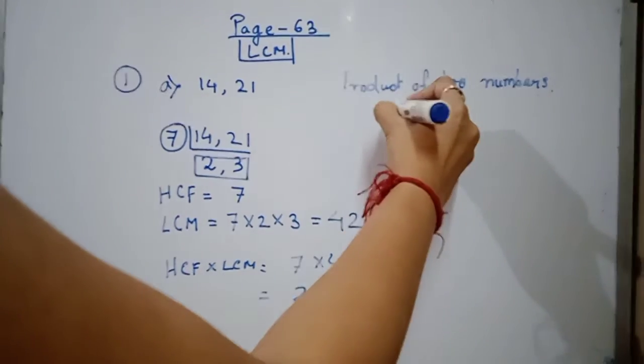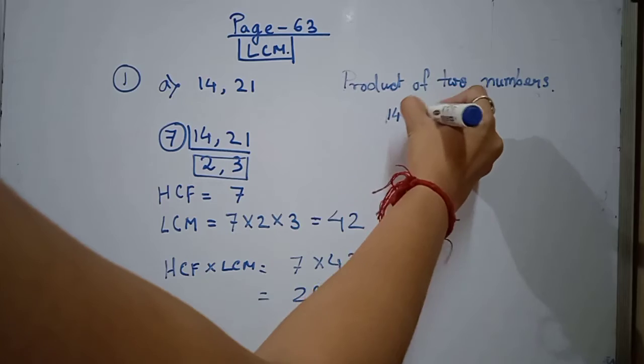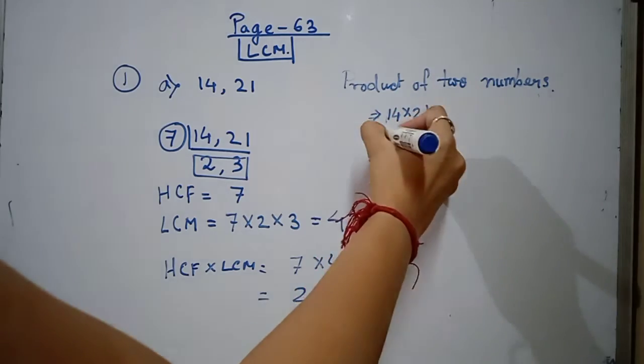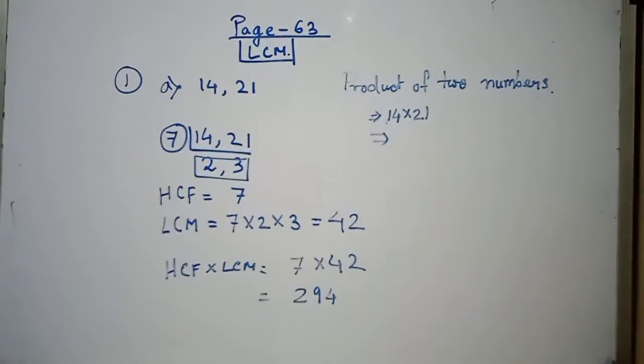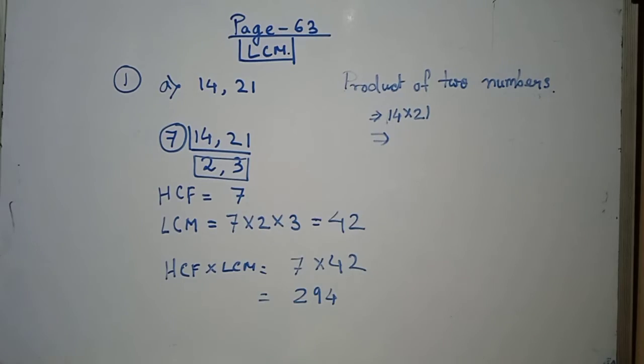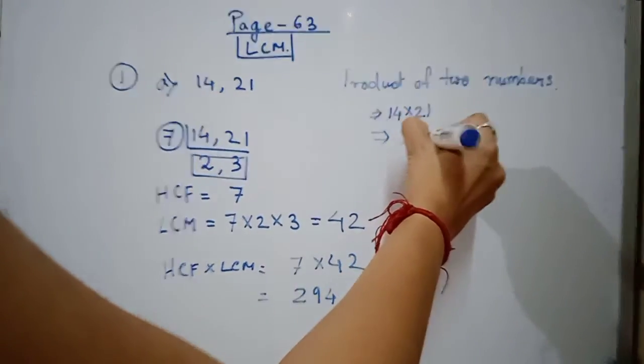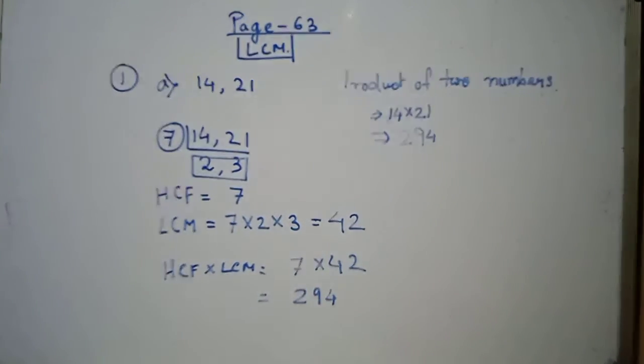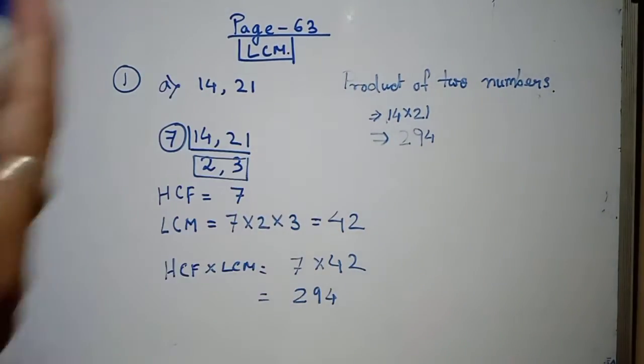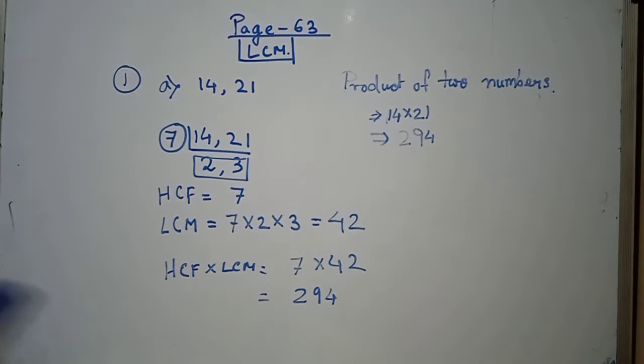What will this be? 14 into 21, right? So I have to multiply 14 into 21. By multiplying 14 into 21 we will get this 294. You can do this by your own, and you will see that you get 294 by multiplying 14 and 21.